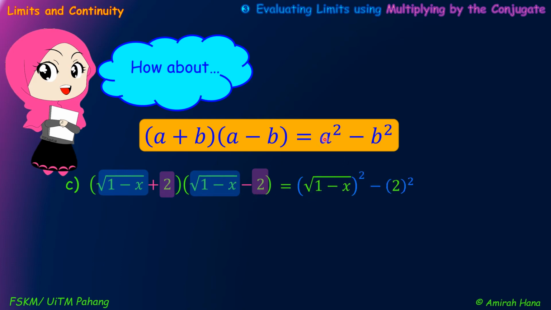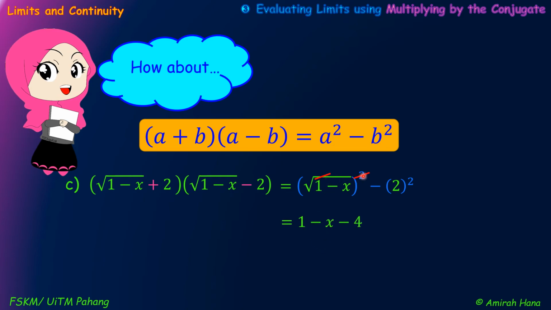So from here, this is the first term and this is the second term, so we can write this. Our A equals square root of 1 minus x, so we can write square root of 1 minus x, squared. Then our B equals 2, so we can write 2 squared. In between must be a minus sign. After that, we can simplify the square and radical, or square root.